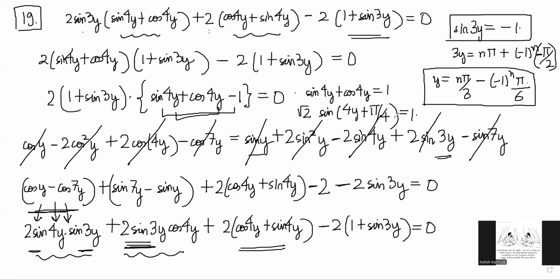So you have here, this is my solution, for example, y is equal to n pi by 3 minus 1 power n into pi by 6. If you take some integer values and see the first few starting values for this, what are we getting? n is 0, then you get 0 and minus pi by 6.